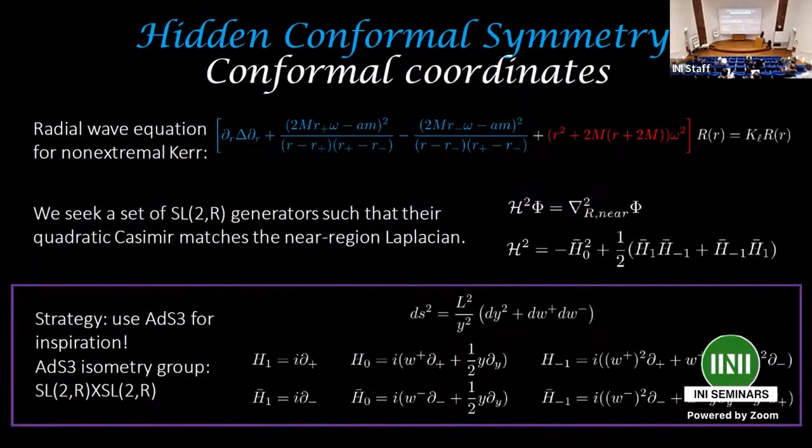So what is the strategy for this? Now I'm going to talk a little bit about that limit that I promised. So this is not schematic. This is the radial Klein-Gordon equation for Kerr. This K is just a separation constant, which we will not really discuss. Hopefully you can see this.